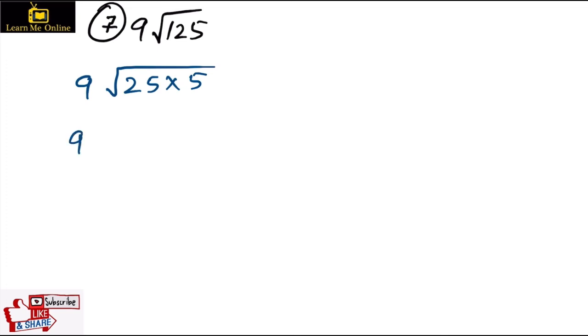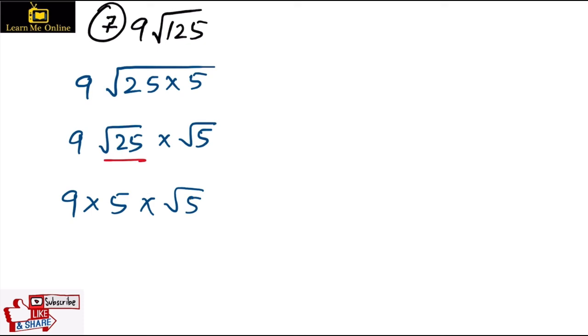Now we're going to split them separately, so 25 and 5 can be written as separate square root numbers. Because 25 is a square number, it can be written as 5, but this remains the same, which is root 5. We're going to multiply the two numbers written outside the square root together, which is 9 times 5 makes 45, and this root 5 remains the same.